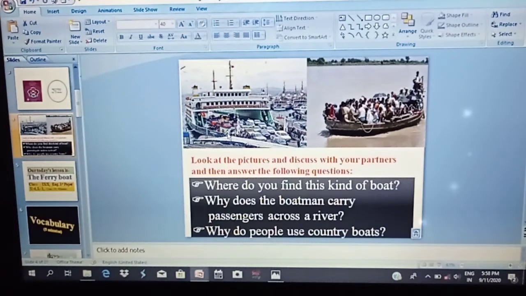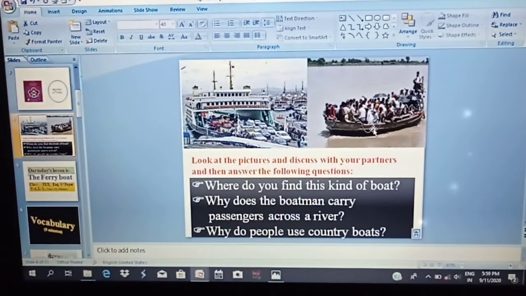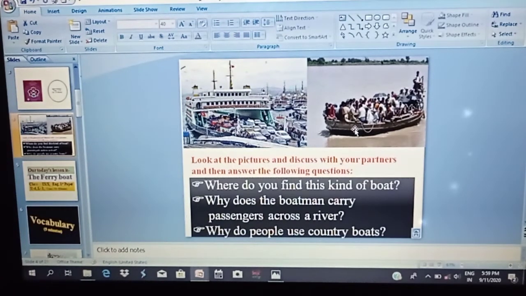The first picture is of a ferry, and we have to cross the river by using this, going from one side of a river to another. The second picture is of a ferry boat. By using this boat, people usually cross the river from one side to another.